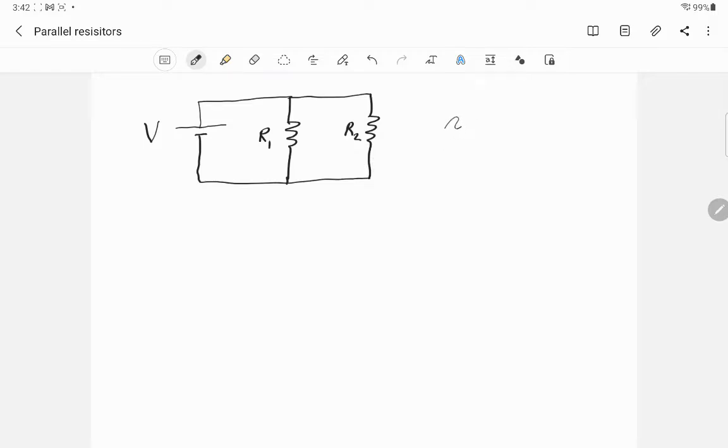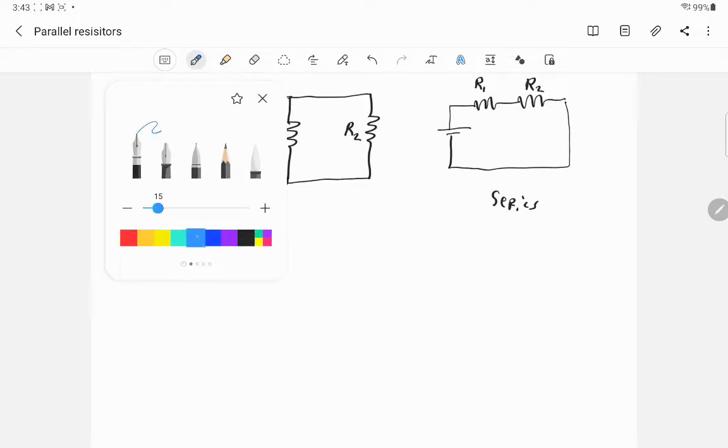So as a contrast, imagine the series combination of the two things. This is just in contrast. This right here is in series, and this is in parallel. And if I have R1 and R2 oriented this way, I'd like you to notice a really big difference.